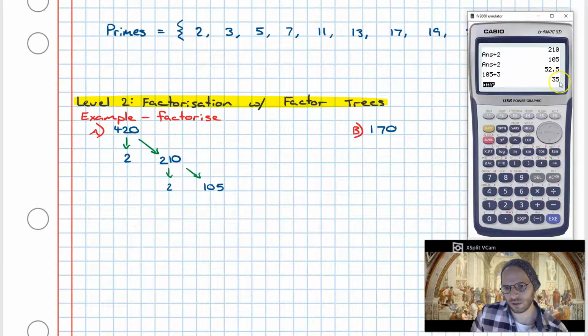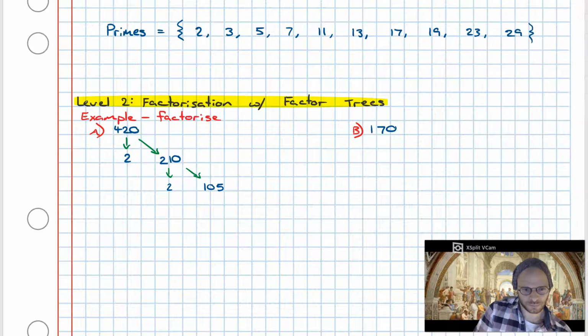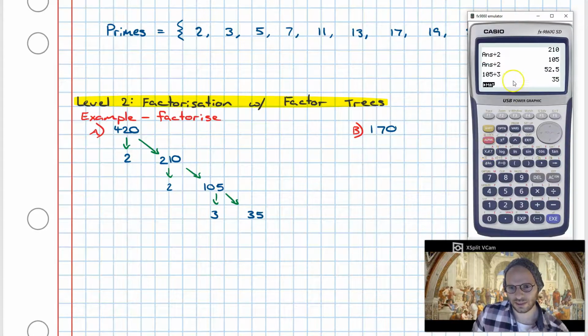This is a whole number, so I know that 3 is a factor of 420. Filling that in, I'm going to write 3 underneath, and then 35 to the right. Completing my tree, I draw it across like this. Now, next check: can we divide 35 by 3 again?